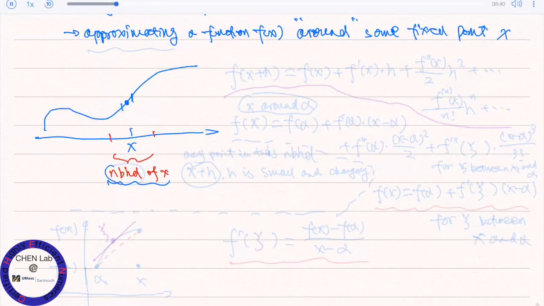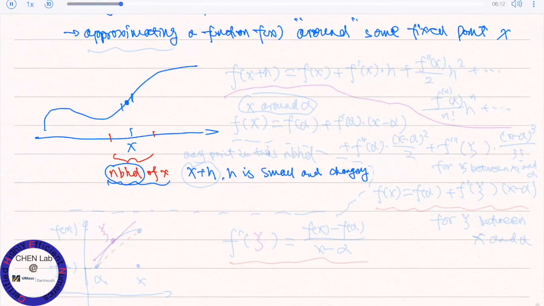Because of that concept, we're going to introduce x plus h. H is small and changing. It's a variable. So x is fixed, but x plus h would cover a neighborhood.